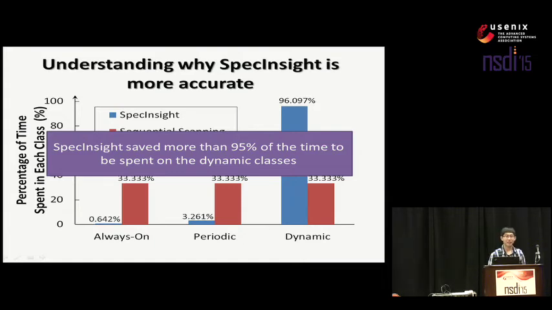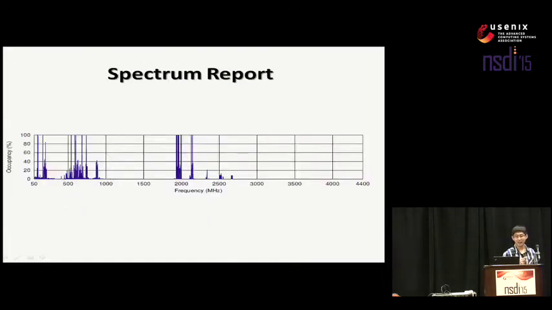Not only this, SpecInsight also gives you a much better spectrum report. It gives you the occupancy report like every other system, but as I said at the start of this talk, it might be misleading. In the future, spectrum reports should also contain how the spectrum is used, what signals are there, and how they are repeated, so that it can guide dynamic spectrum access systems.